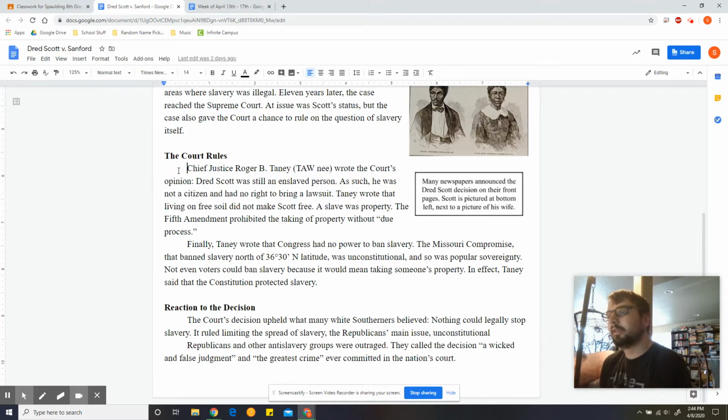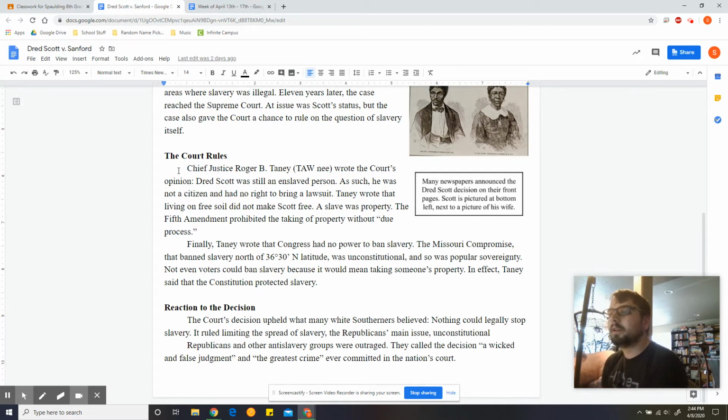The court rules. Chief Justice Roger B. Taney, and that is pronounced Taney, wrote the court's opinion, or what they decided. Dred Scott was still an enslaved person, so just because he had lived in free states doesn't mean that he got to be free. As such, he was not a citizen and had no right to bring a lawsuit.